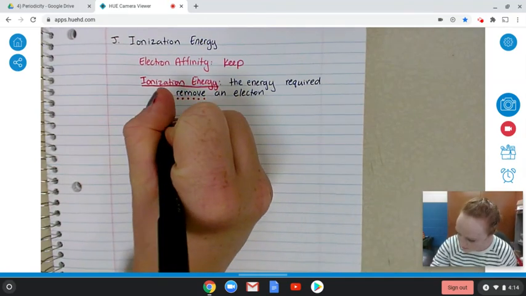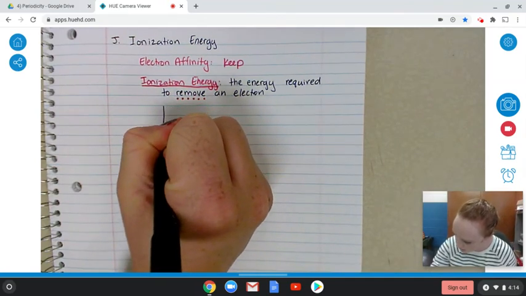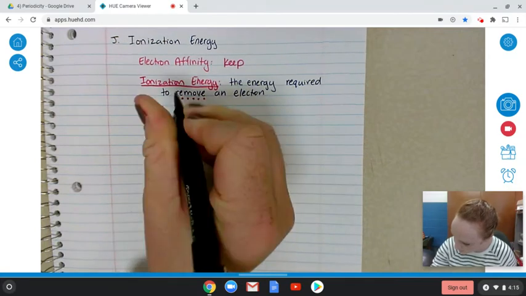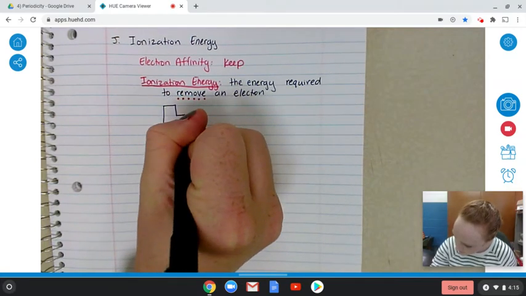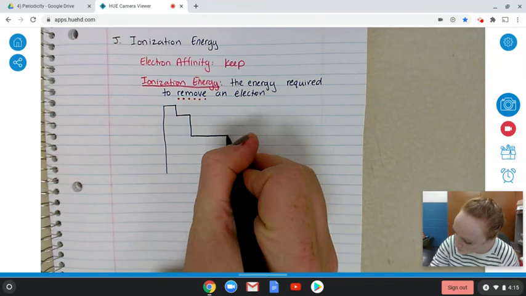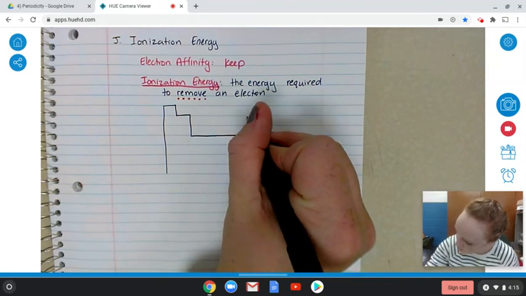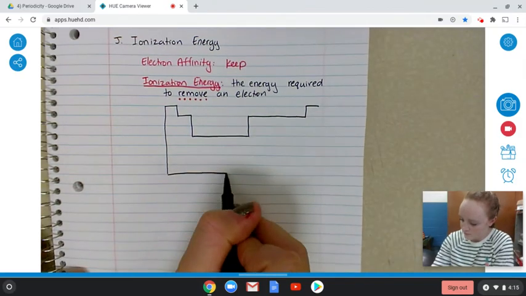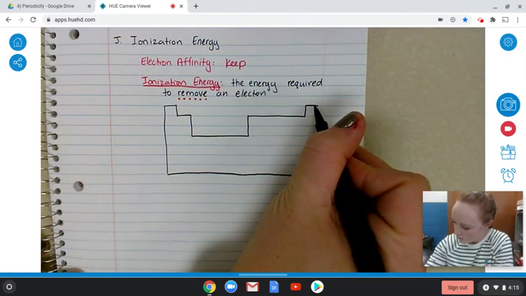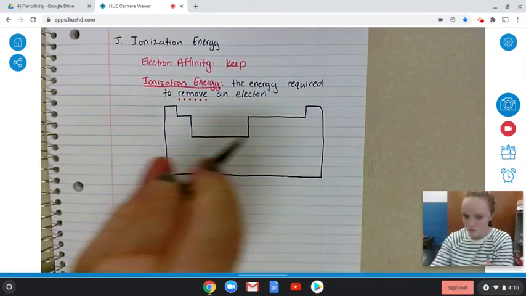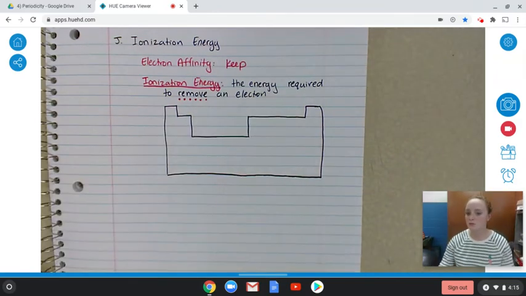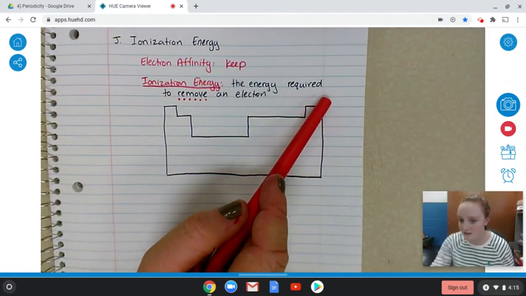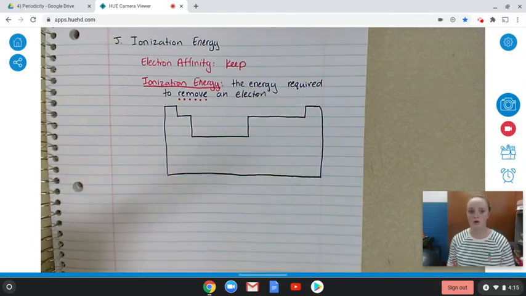So on our periodic table sketch that we are getting very good at drawing, when we denote the trend, the columns aren't important here. We're going to denote the same trend. So electron affinity was highest in that upper right-hand corner.